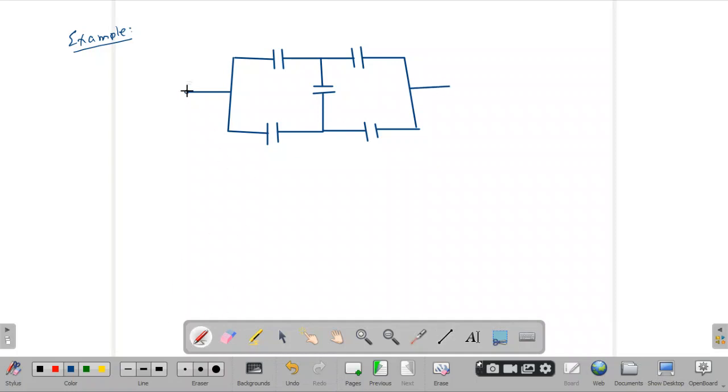Okay, this is A, this is B, this is C1, this is C2, the middle one C3, this is C1, C2. Draw the diagram first. So this assembly or structure has three different capacitors.